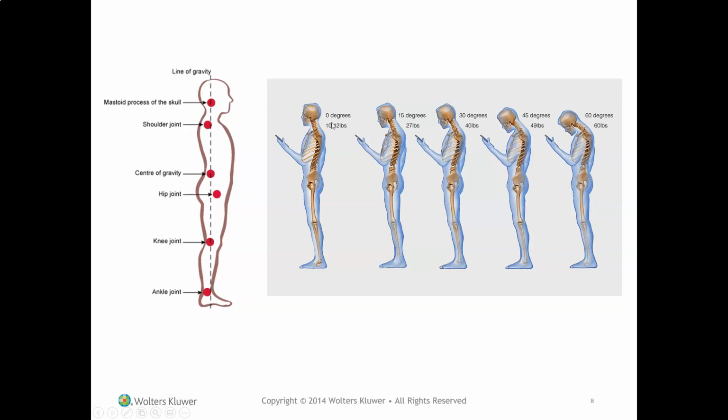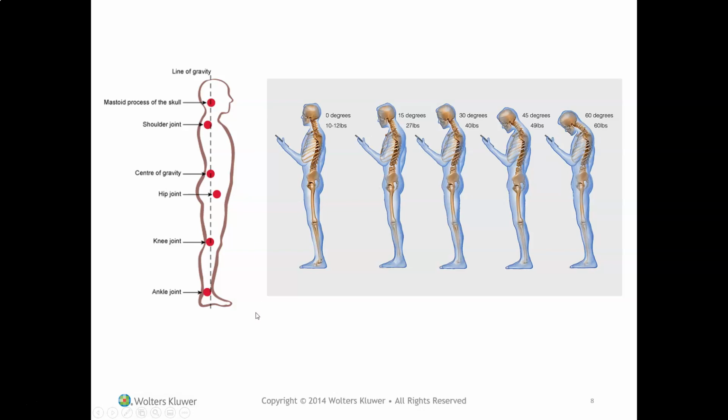think about this. At 0 degrees, you only have 10 to 12 pounds of pressure. If you go further down, at 15 degrees, you have 27 pounds of pressure. At 30 degrees, you have 40 pounds of pressure. At 45 degrees, you have 49 pounds, and at 60 degrees of you texting all the time, you have 60 pounds of pressure that has been put on your neck.